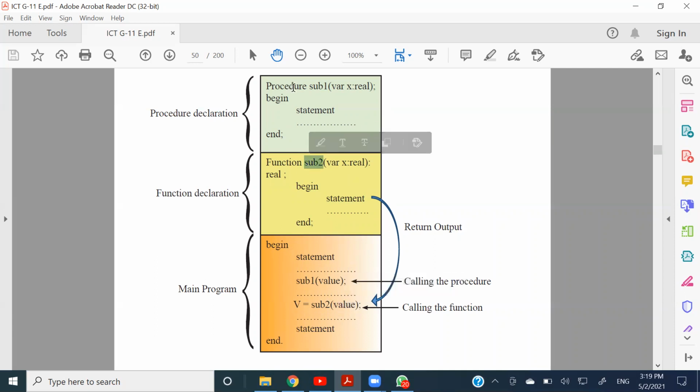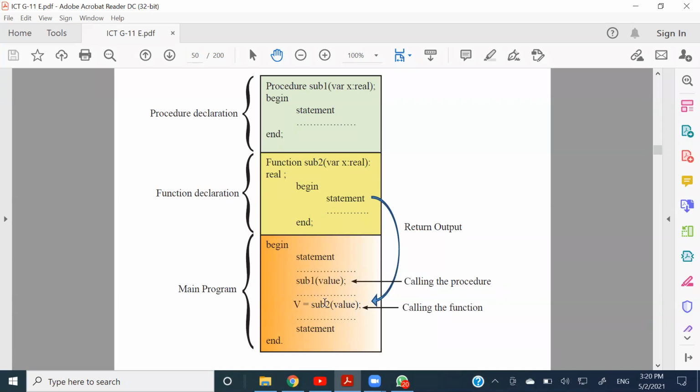In the procedure call, it's the same thing we had done, right? Here the function call is different because it is called by assigning that call to something. There are two ways of calling this: assigning the calling statement to a variable, or calling it inside a writeln statement, right?